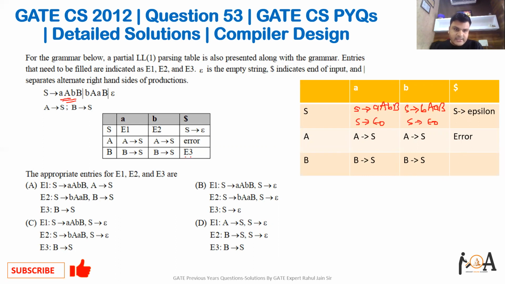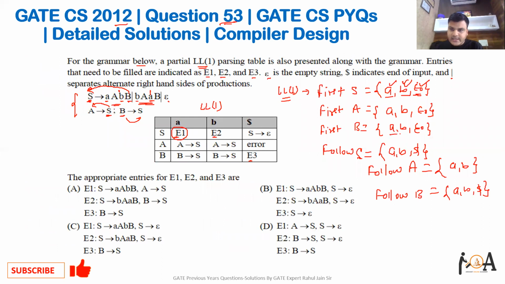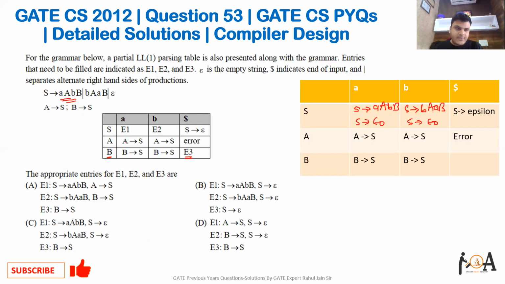Now E3 is here. Whatever first of B is, A, B and epsilon, isn't it, guys? So B derives S is here, on dollar, because it is the dollar place, right?